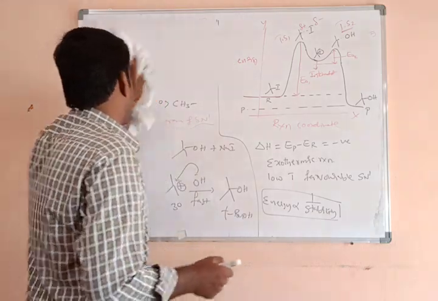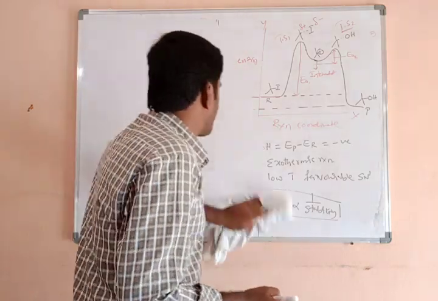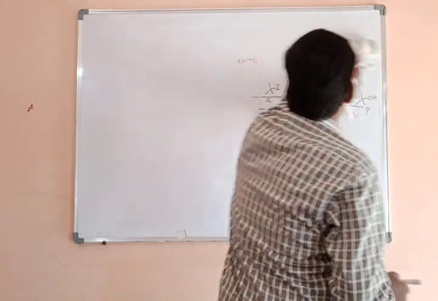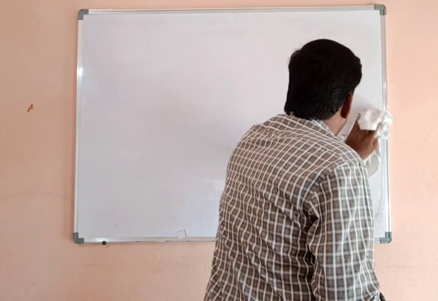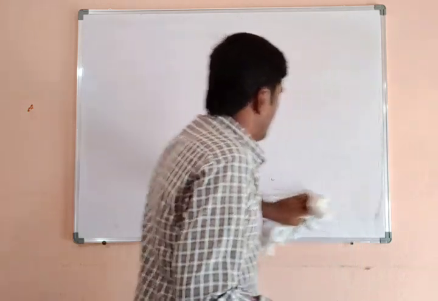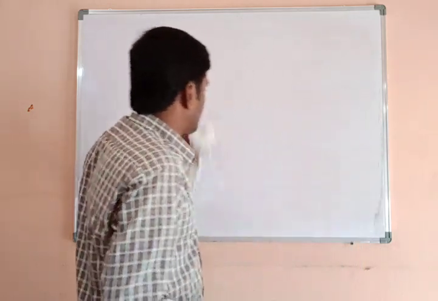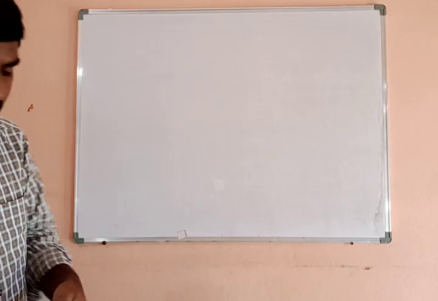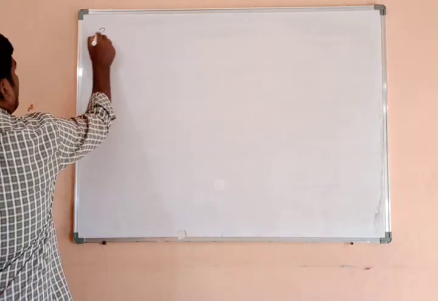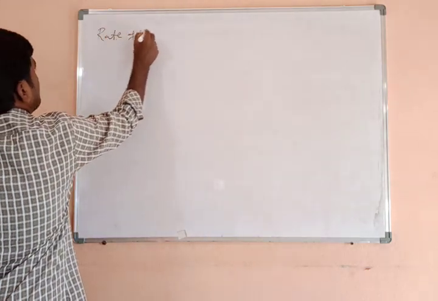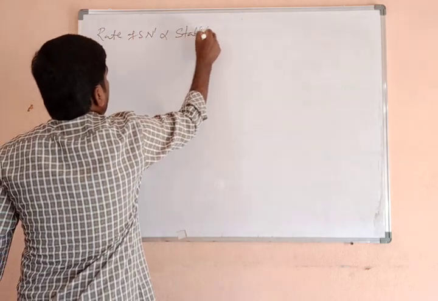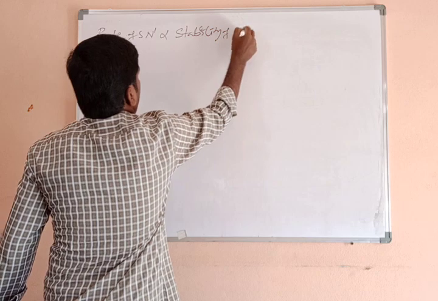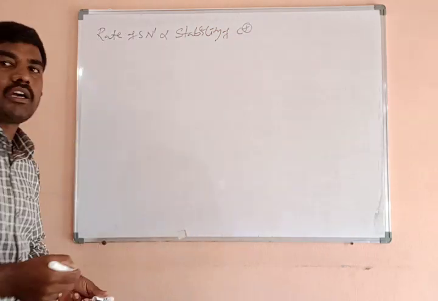The rate of SN1 depends on the stability of carbocation. If the stability of carbocation increases, the rate of SN1 also increases. Rate of SN1 is directly proportional to the stability of carbocation.